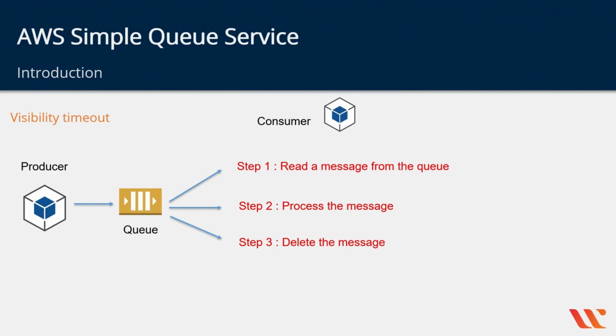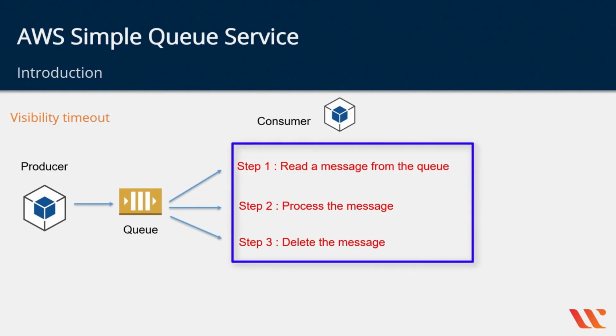That message has not been processed. So you should give the consumer the capability to read that same message at a later point in time whenever it comes back up again. That's why you have this multi-step process when it comes to reading messages: read a message, process the message, and then delete the message.